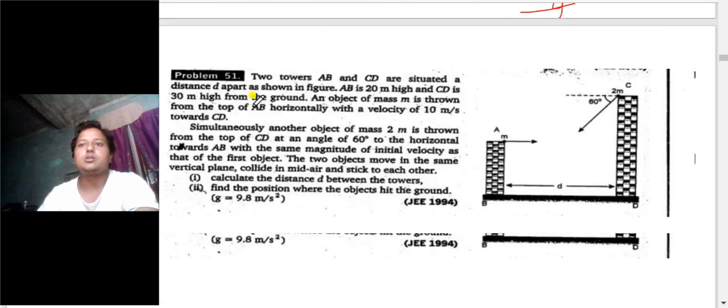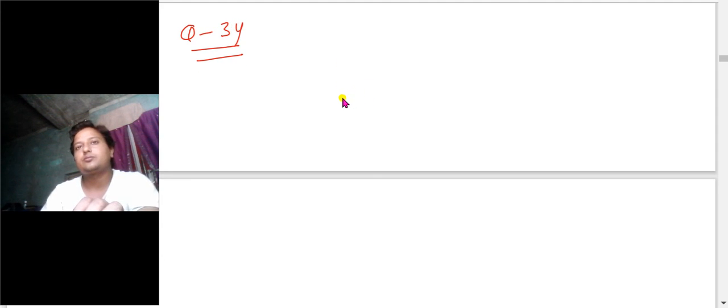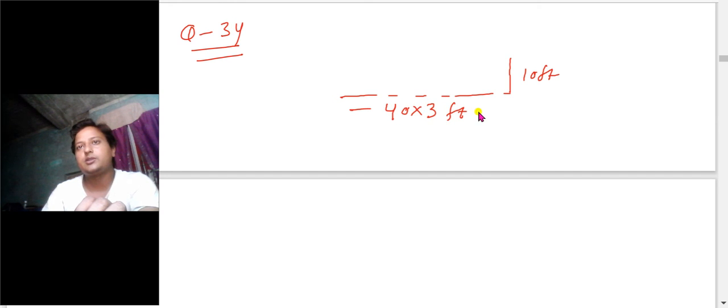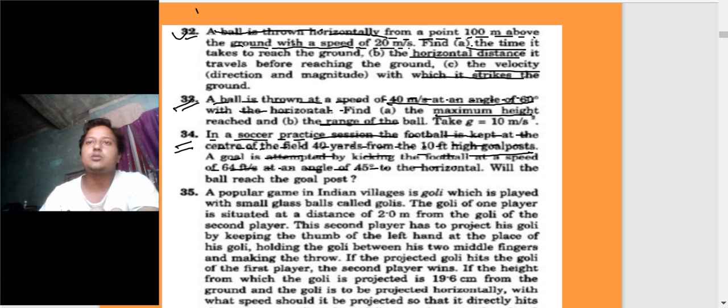Question number 34. There is a goal post of height 10 feet at a distance of 40 yards. 40 yards means 40 multiplied by 3 feet. The goal is attempted with a speed of 64 feet per second at an angle of 45 degree.